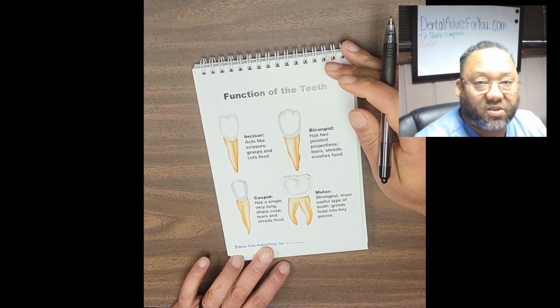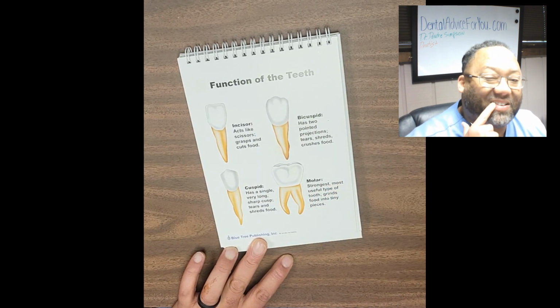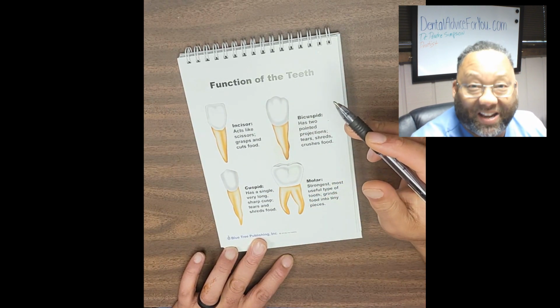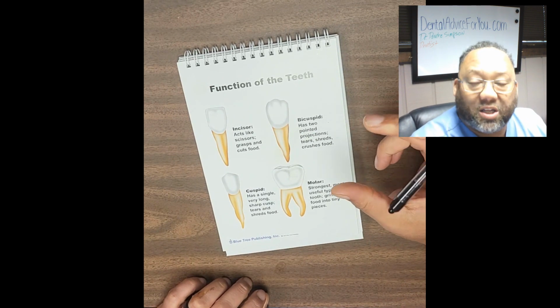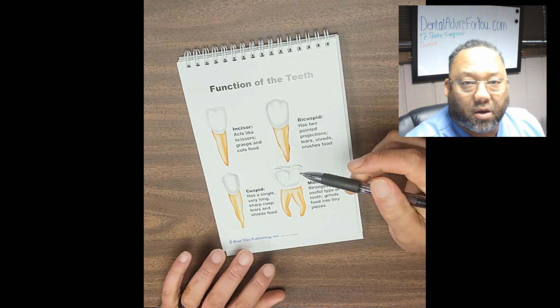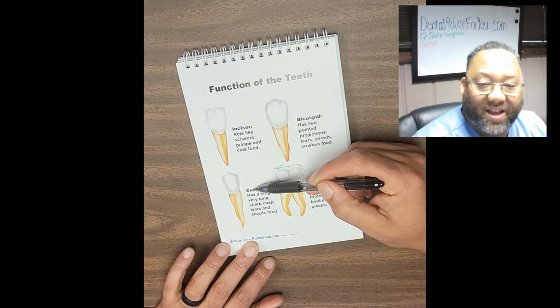The next type of tooth, going down here, is your cuspid, or your fang teeth, like a shark or Dracula with those big fangs. Those are called cuspid or canine teeth.